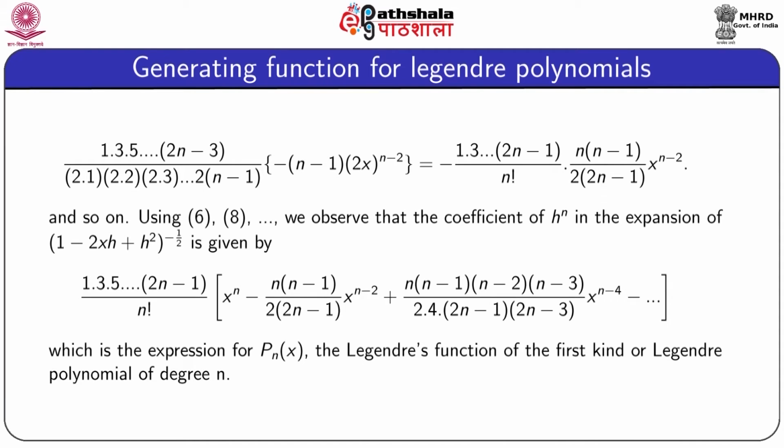Likewise, we can calculate more terms, and ultimately we will obtain after adding all the terms (1.3.5...(2n minus 1)) divided by n factorial multiplied by [x to the power n minus n into (n minus 1) divided by 2 into (2n minus 1) x to the power n minus 2 plus n into (n minus 1) (n minus 2) (n minus 3) divided by 2.4 (2n minus 1) (2n minus 3) x to the power n minus 4 minus ...], which is the expression for the Legendre's function of first kind or Legendre's polynomial of degree n.